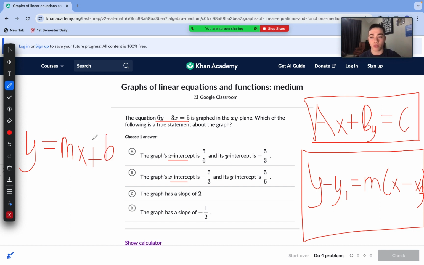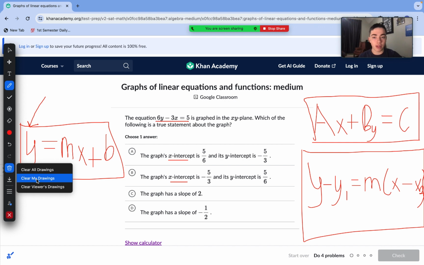So standard form also finds the x-intercept pretty quickly. But y equals mx plus b is my favorite, and it should be yours too. So it should be the default one that we resort to whenever we are confused. We need to convert to y equals mx plus b by getting our y by itself. That is a really easy way to do that.